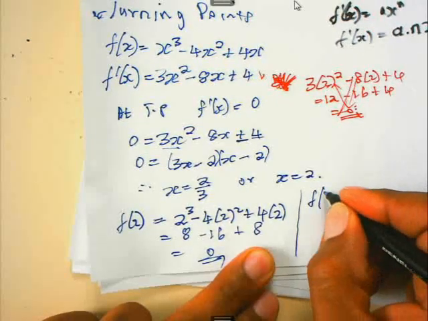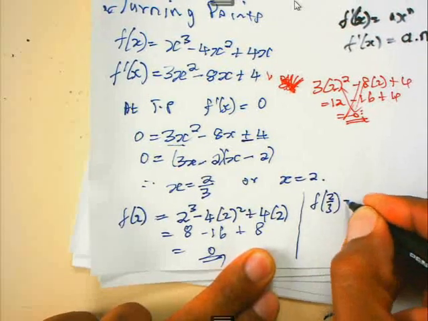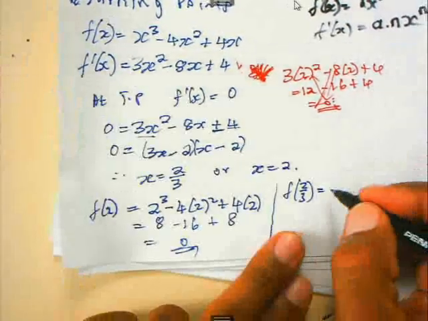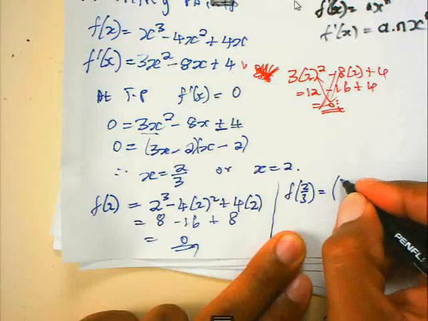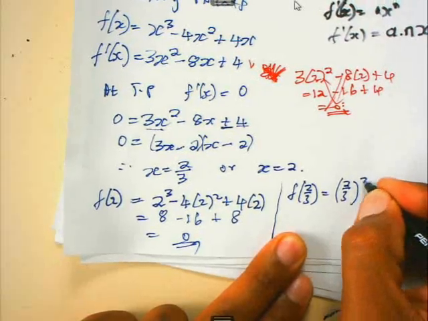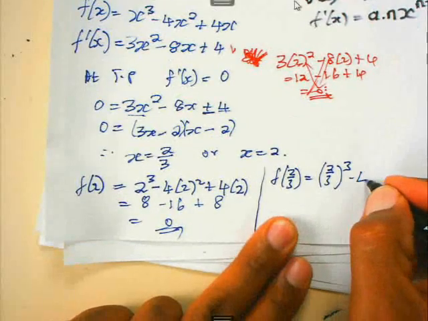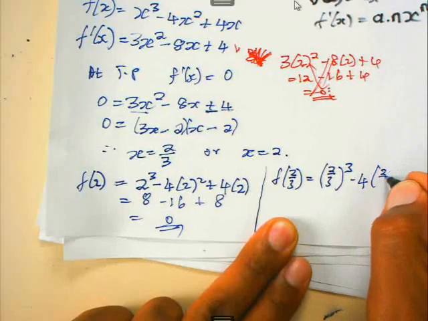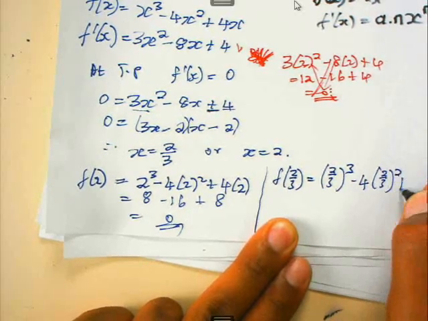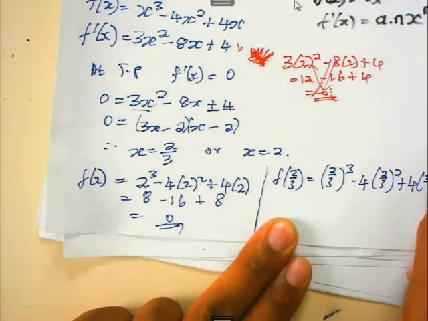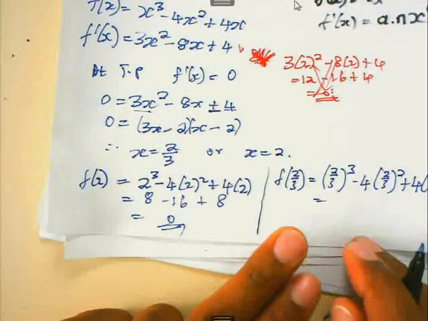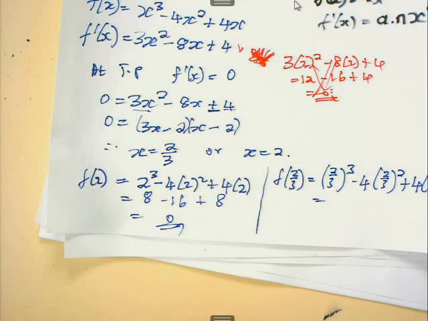F at 2 divided by 3 is equal to what? We are going to have 2 divided by 3 to the exponent of 3 minus 4 multiplied by 2 divided by 3 squared, and then plus 4 multiplied by 2 divided by 3. Of course, we can work this one out.